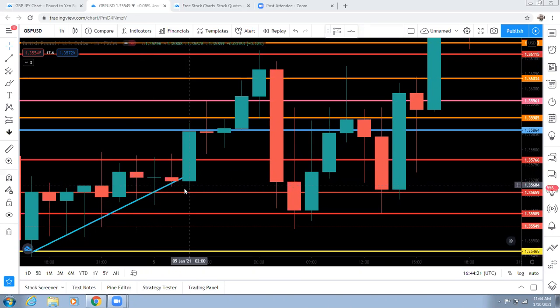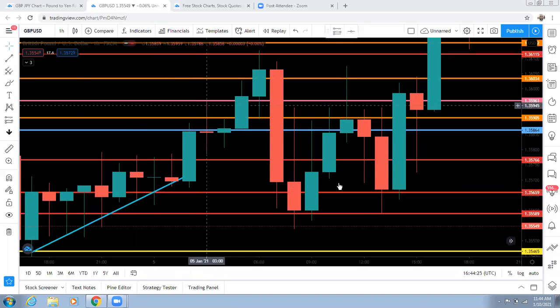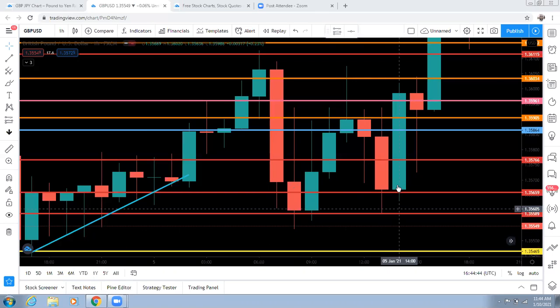And what happened the last time it was over here? It took off to the upside. Same thing happening right here. It shot all the way down here and respected this. It respected it here, did it here, and also over here. It did not break and close below this line on this time frame. And then look what we have.